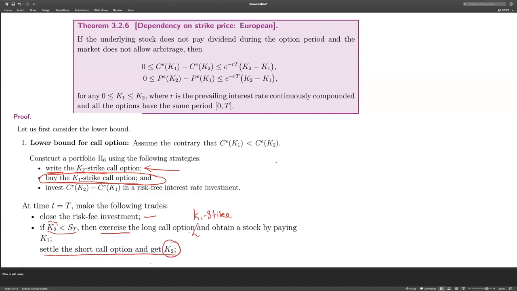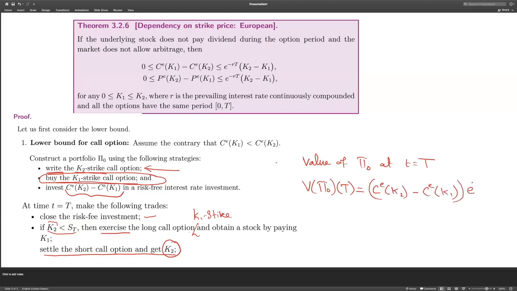Now let us see what the value of pi naught is at t equal to capital T. This money will come to you with continuous compounding interest, therefore it is going to have this value e power rT, plus something will come from your option trading. Let us denote it by X naught. Now, what is that X naught?